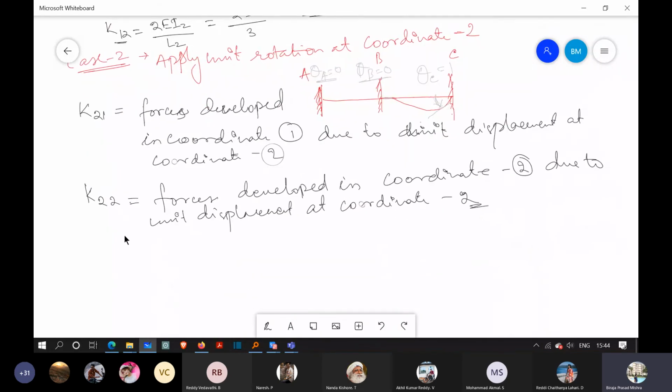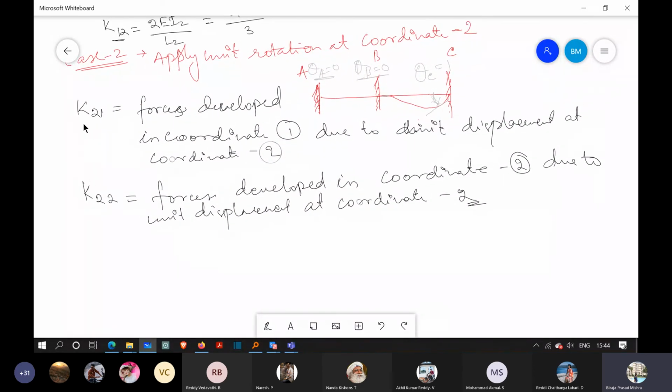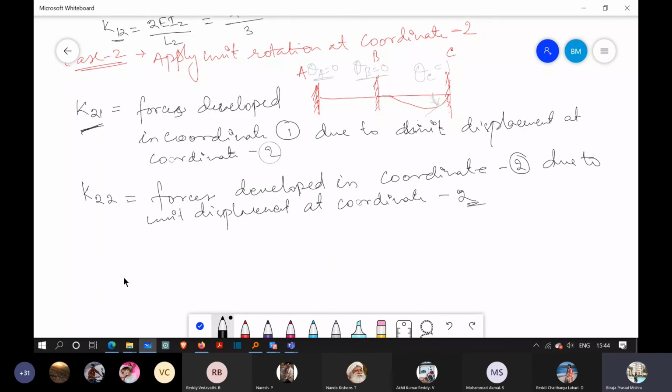Now for this K21, remember that K12 and K21 will always be equal. So K21 equals 2EI2 by L2, where I1 goes with L1 and I2 goes with L2 for this problem.